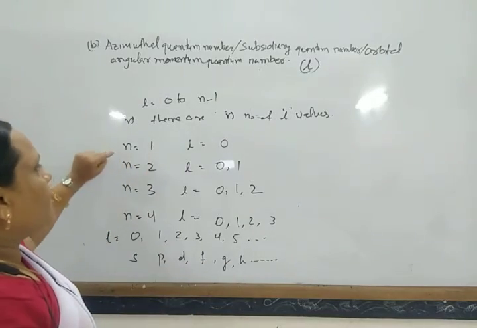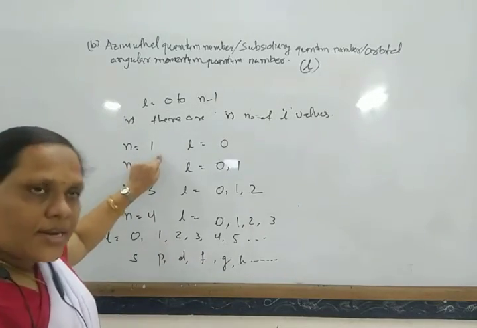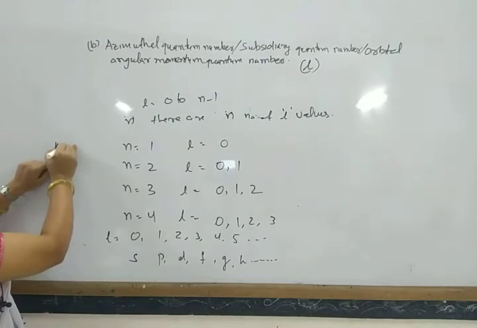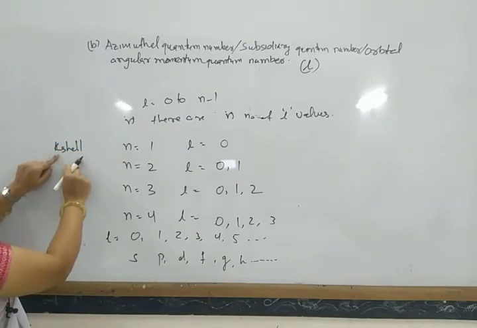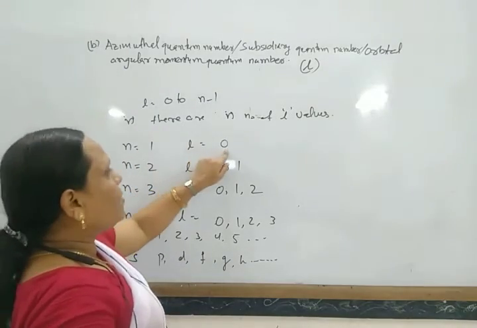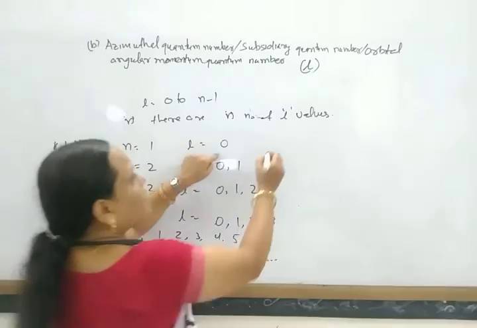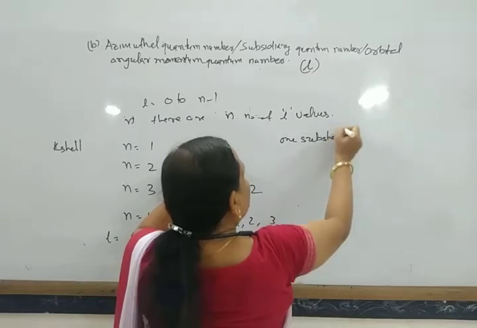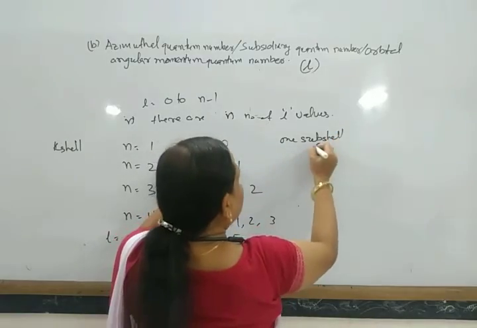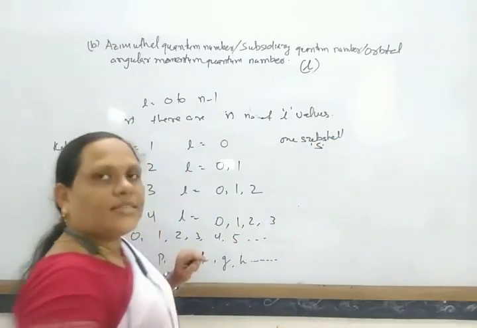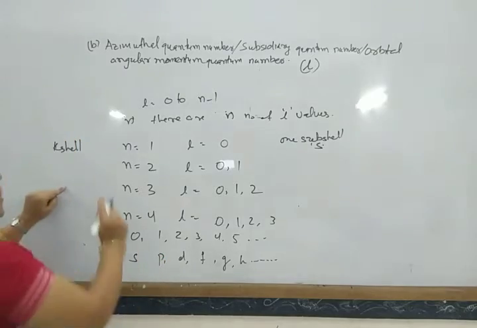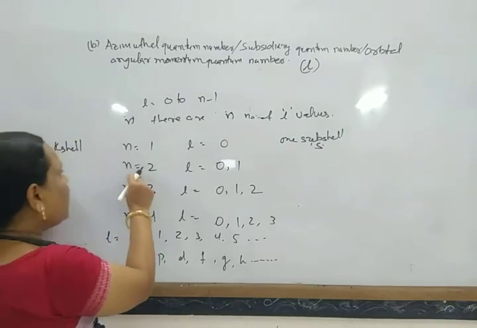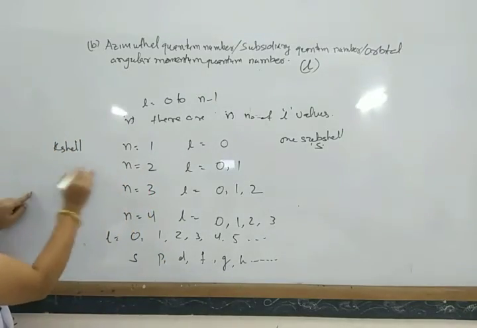So if n equal to 1, which cell does that represent? That represents the K cell. And for the K cell, L equal to 0, that means the K cell consists of one subcell. And what is that subcell? That subcell is S. And when n equal to 2, what is the cell?